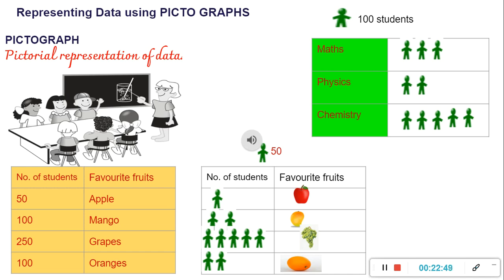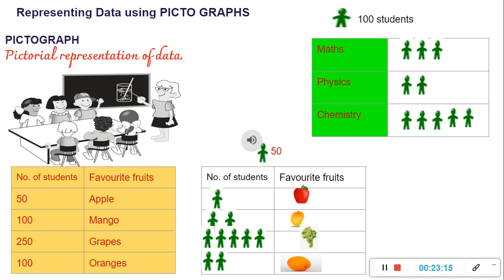That is because you can see more pictures for chemistry. Similarly, if I specifically ask how many students like physics, just looking at the two kids, you can quickly say that 200 kids like physics.